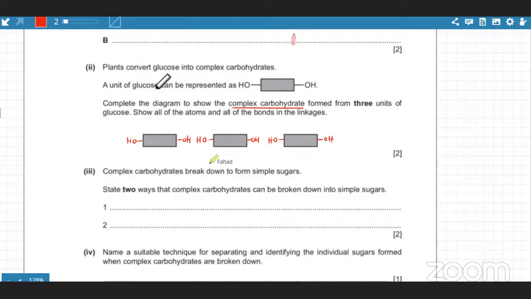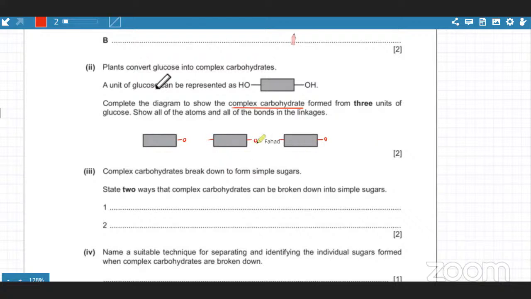What happens is that the H and the OH are lost. Water molecules are produced. So I'm going to rub them off. They're gone. From the middle part, these would be gone. They would form water molecules. And when H and OH are lost, what's going to be left is just an oxygen.